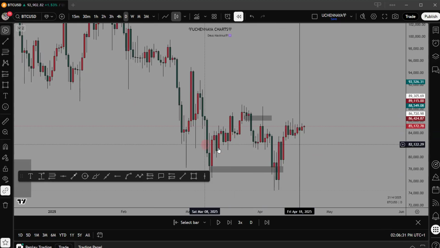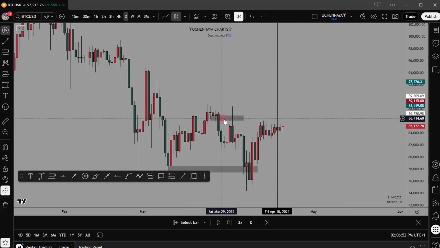But this is basically how you frame your storyline. Your storyline comes from a higher time frame key level, a higher time frame rejecting from a higher time frame, or a higher time frame rejection from a higher time frame. I already explained to you guys what rejecting and rejection means.